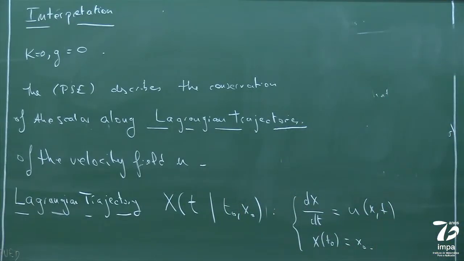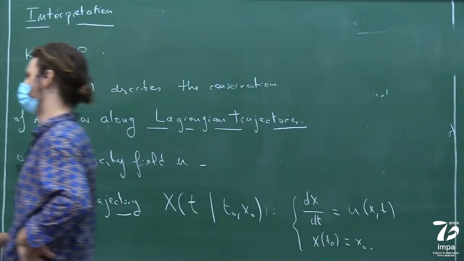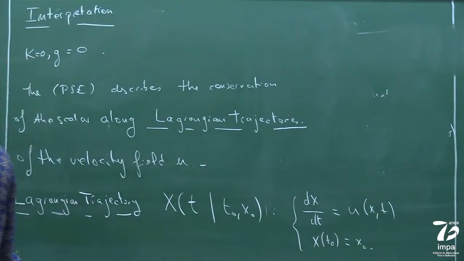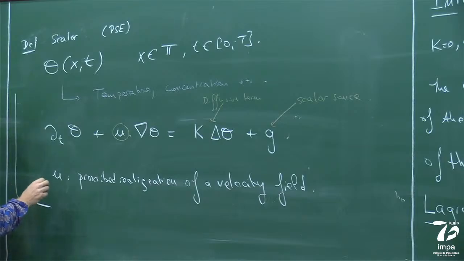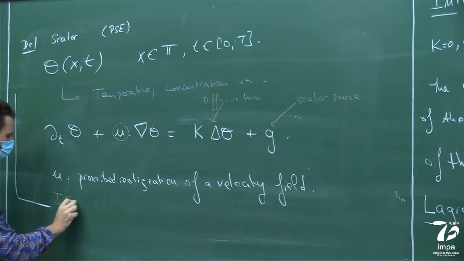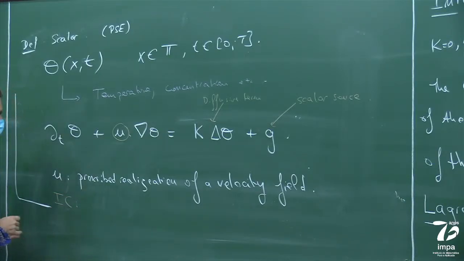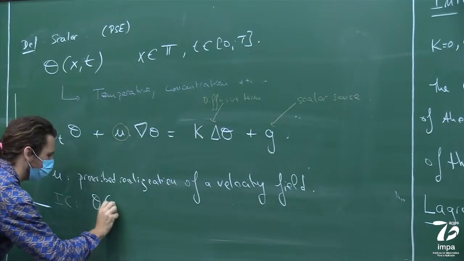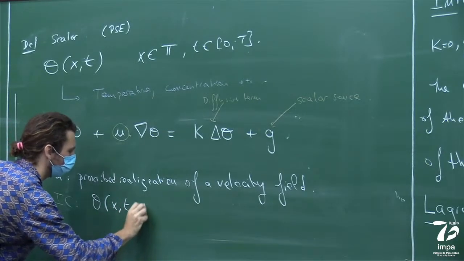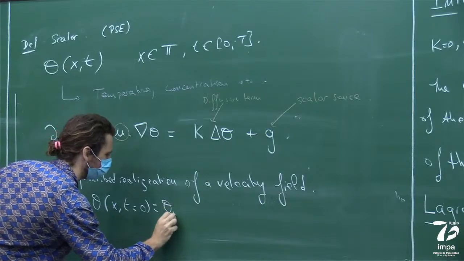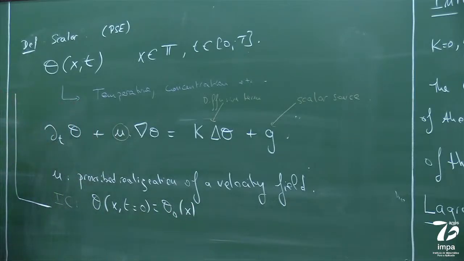I need to supplement this equation with an initial condition. So this is the equation that is solved by the scalar, with initial condition theta of x at time t equals 0 equal to theta 0 of x.